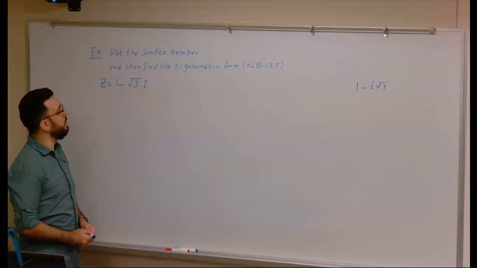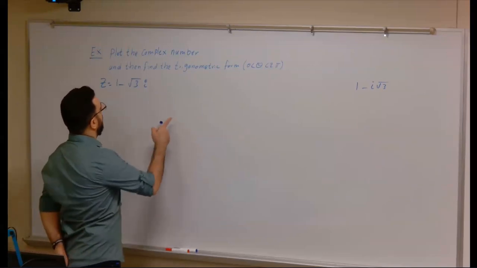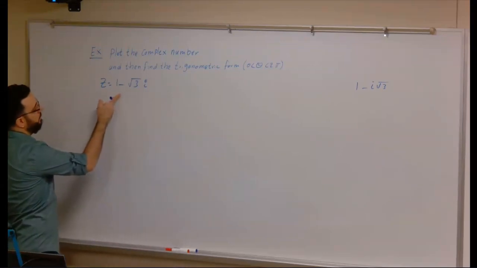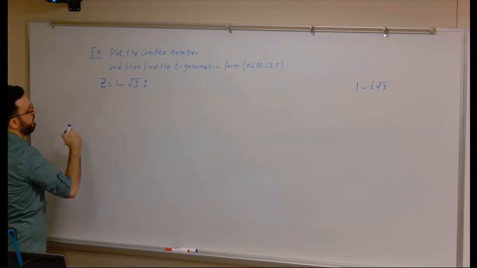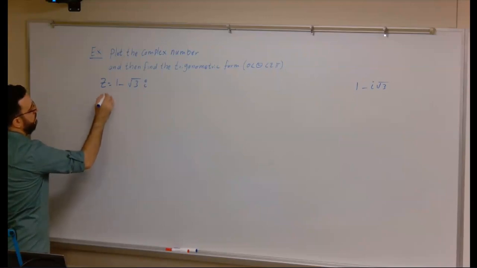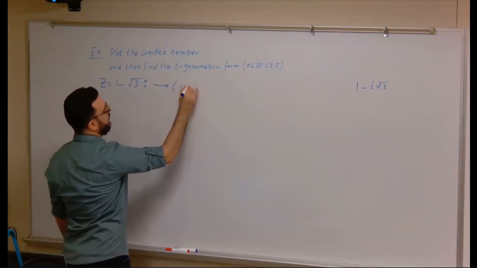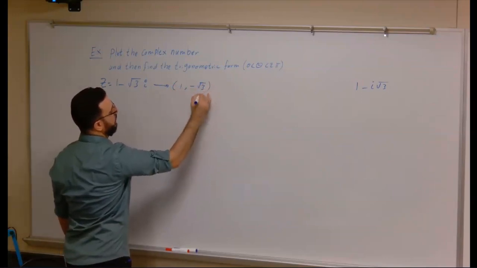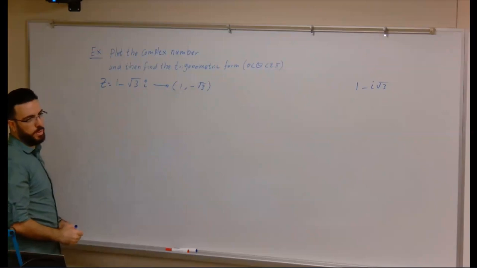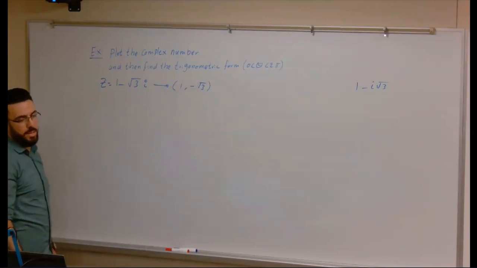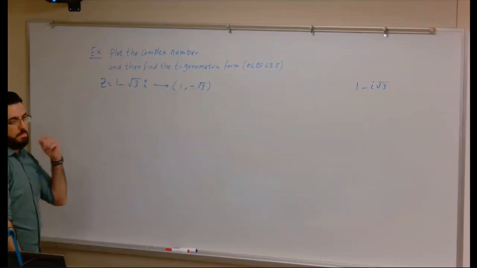We'll do the same thing. I need to graph the complex number, or plot the complex number. It's 1 and negative square root of 3. Tell me how we're going to graph it.